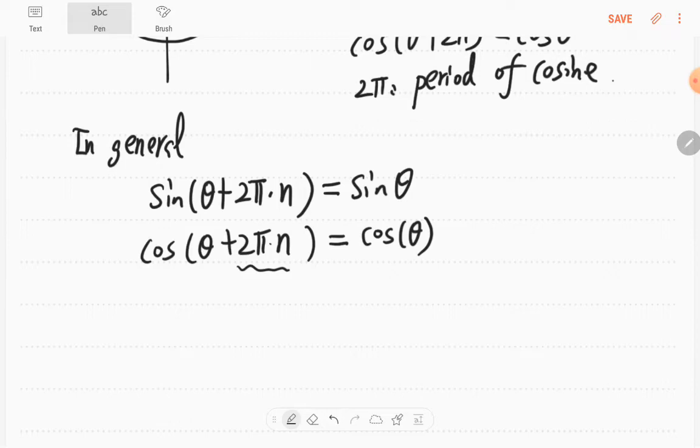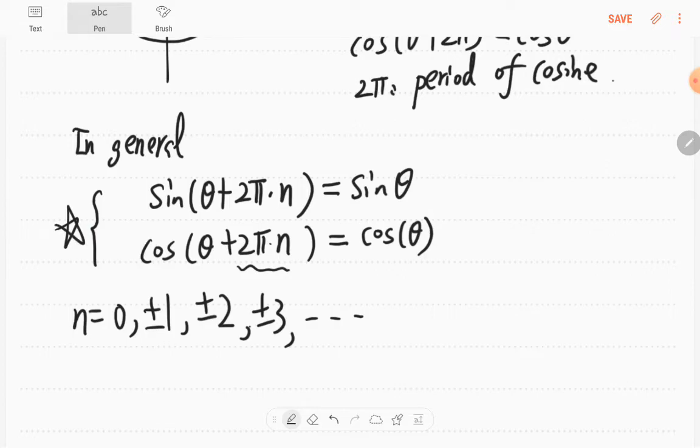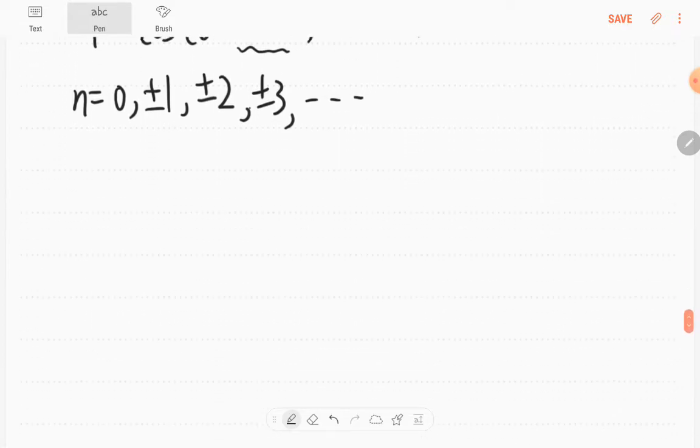So here n could be 0, do nothing, plus or minus 1 revolution, clockwise or counterclockwise, plus or minus 2 revolutions, plus 3, and so on, all integers. So this is a very important formula, right?